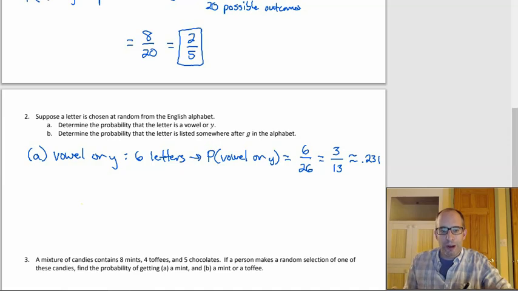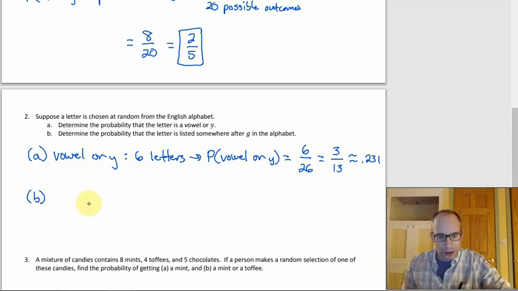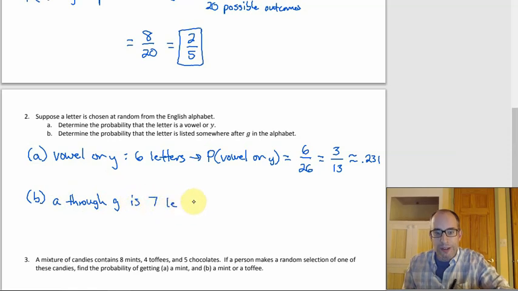And then what about the probability the letter is listed somewhere after G in the alphabet? The easier way to think about this is to say, well, A through G, that's the first 7 letters. So I say A through G is 7 letters, right? G is the 7th letter.